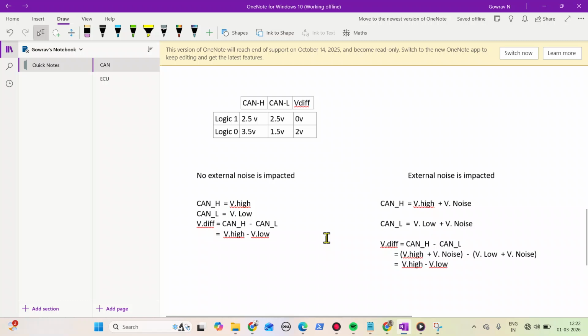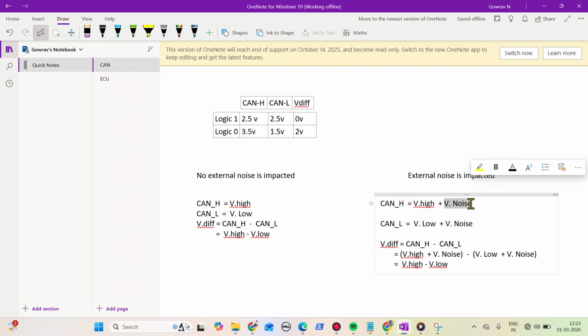Now consider that due to some external things, some noise was impacted on the bus, which means due to EMI or noise, some voltage was induced in the wire. Now in CAN high the total voltage will become the high voltage which the transmitter wants to transmit plus this extra noise voltage.